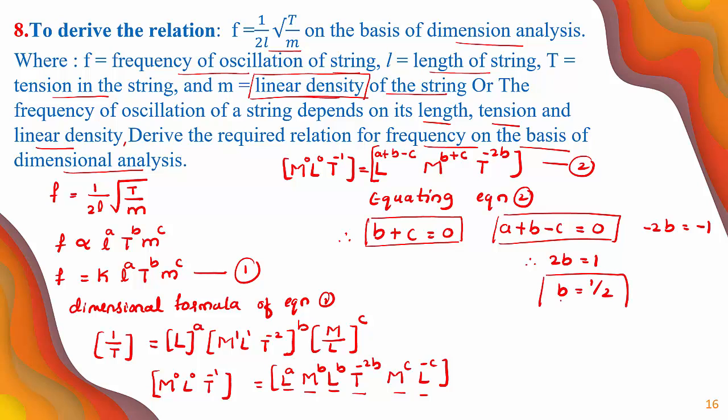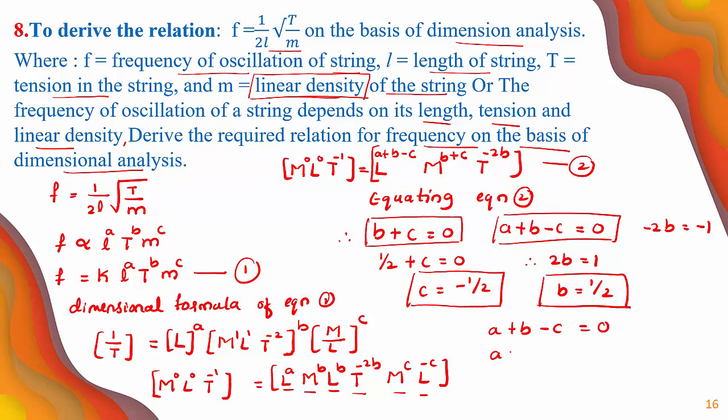We got the value of B here. B equal to 1 by 2. Substitute the B value here. B plus C equal to 0, 1 by 2 plus C equal to 0, C equal to minus 1 by 2. We got B and C values. Now substitute here A plus B minus C equal to 0.